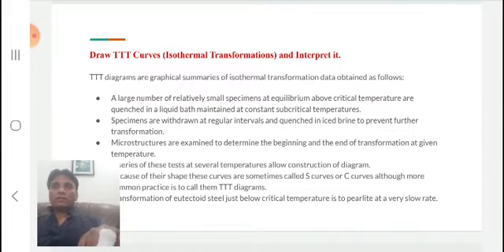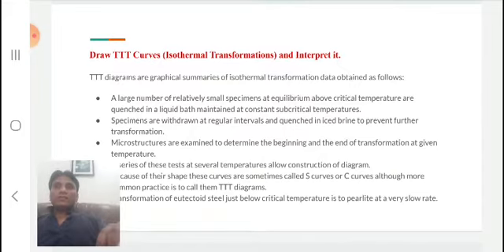So it has a very significant place in the heat treatment processes. It is necessary for us to understand the TTT diagrams and how they are constructed.